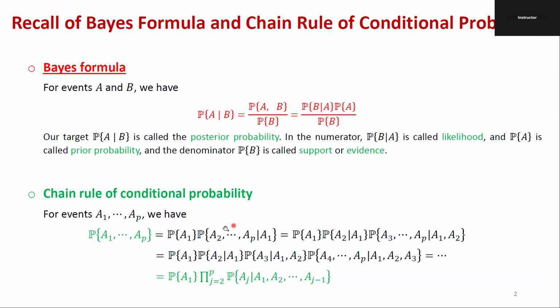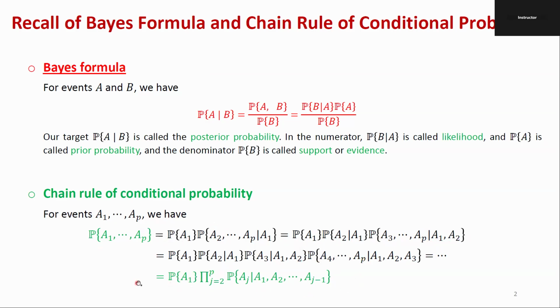This equals, remember, we can use conditional probability once: take PA1 out, times the remaining, which is PA2 till PAP given A1. Then similarly for the second item, I can use conditional probability once more: take P2 given A1 out, then from A3 till AP given A1 and A2. And I just continue doing it again and again.